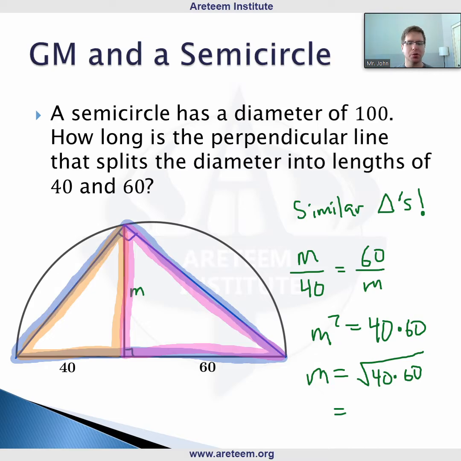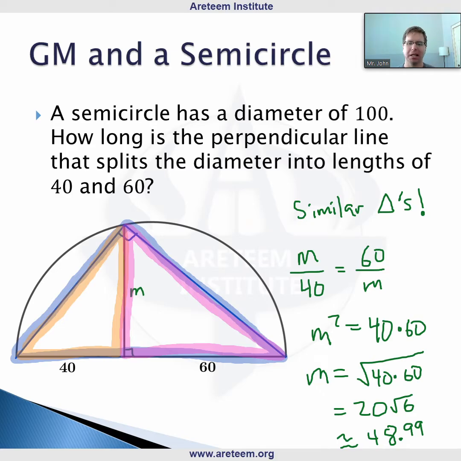And if you do this, you can simplify this to 20 square root of 6. Those of you who want to know your decimals, this is approximately 48.99. So spoilers again, this is less than the arithmetic mean, but actually bigger than the harmonic mean as well.